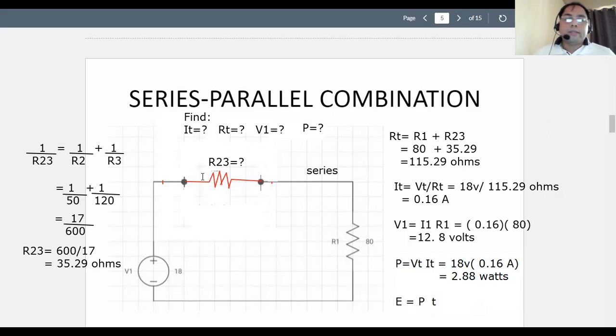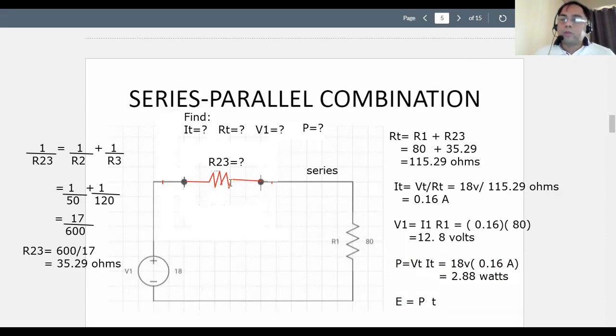So right now, this is how we find the total resistance, the total current, and some other smaller components, voltage or current, for our given combination circuit. This is already a combination of series and parallel connections.